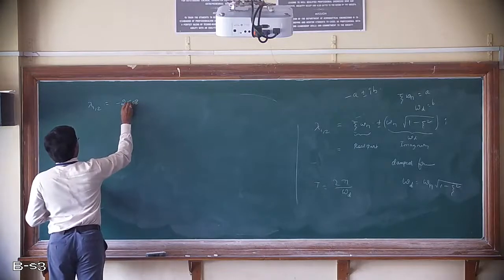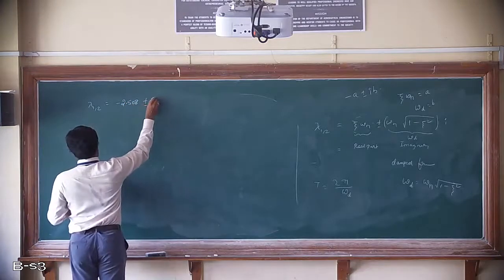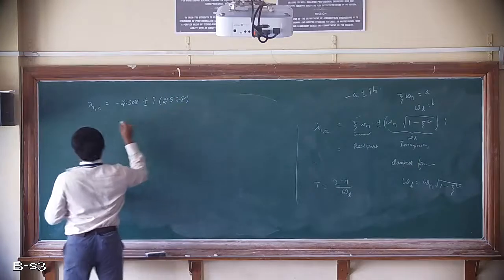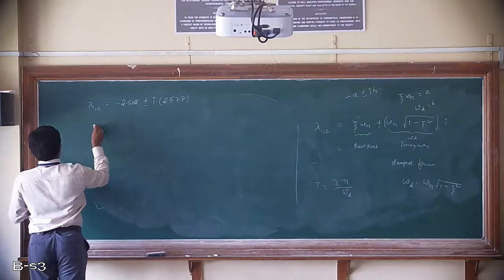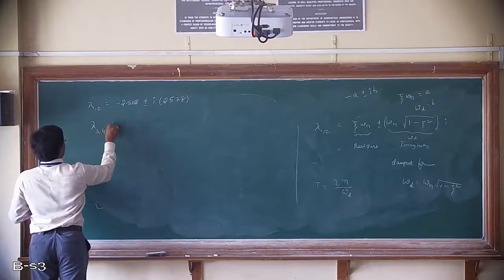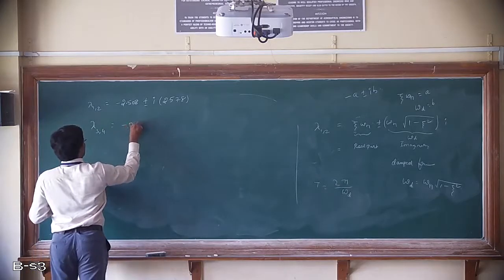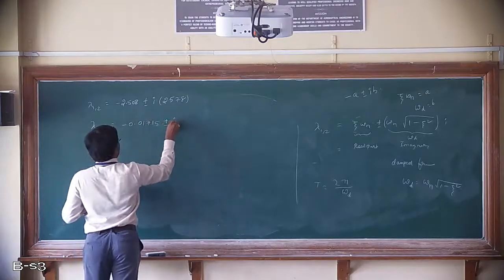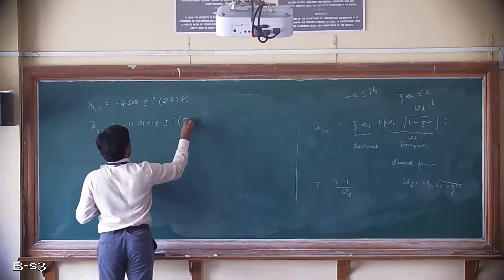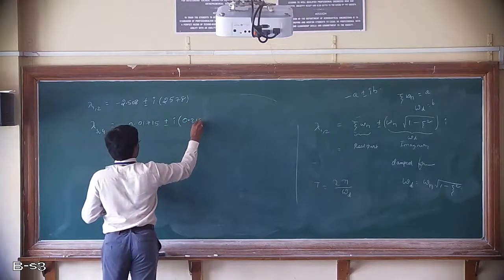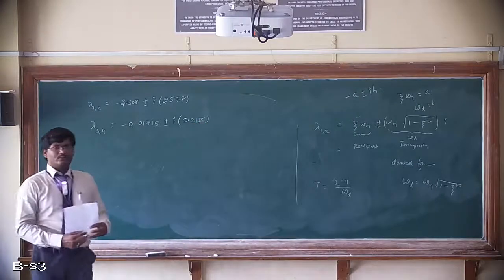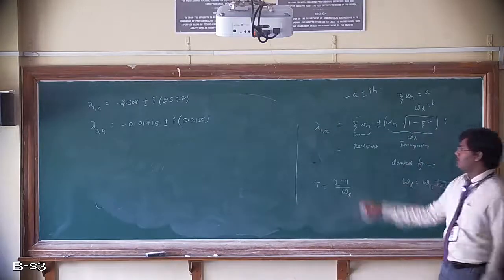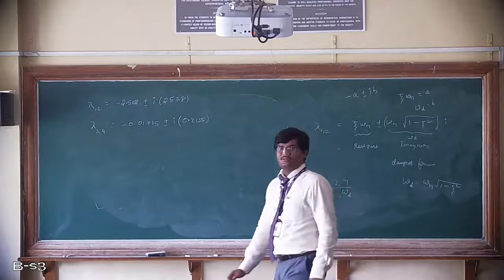So they gave one characteristic equation. For that characteristic equation, the roots are like this. Lambda 1 comma 2 is equal to minus 2.508 plus or minus i into 2.578, and lambda 3 comma 4, they gave minus 0.01715 plus or minus i into 0.2135.